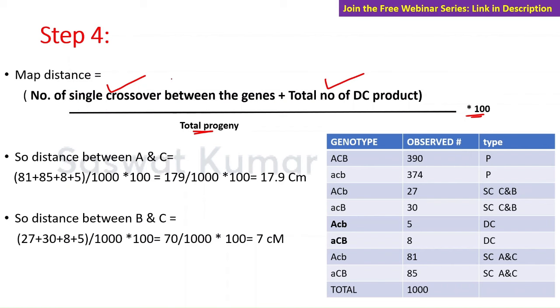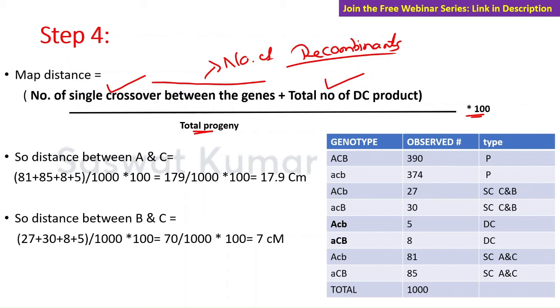This indicates the number of recombinants between these two genes. In a single crossover product we have recombinants between the two genes, and also in the double crossover product we have recombinants between the two genes. That's why the formula is the number of single crossover products between these genes plus the total number of double crossover products, divided by the total number of progeny, into 100.